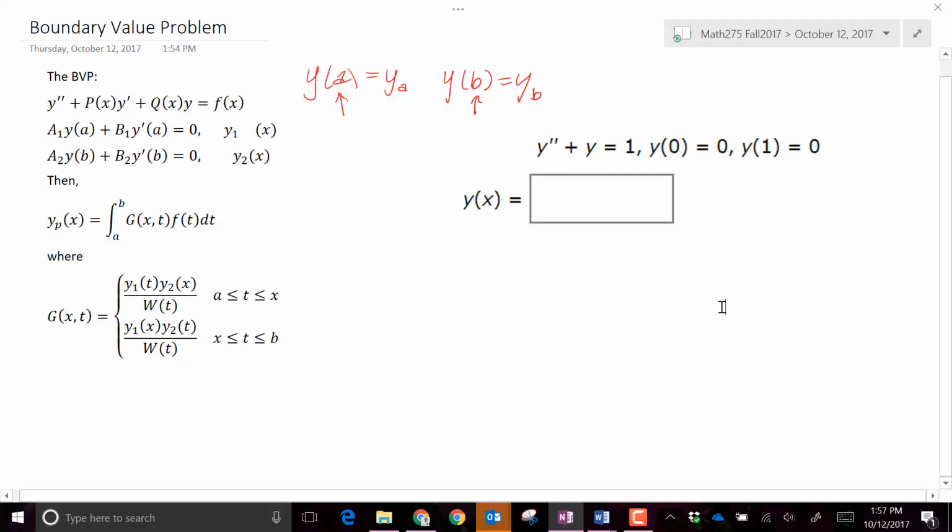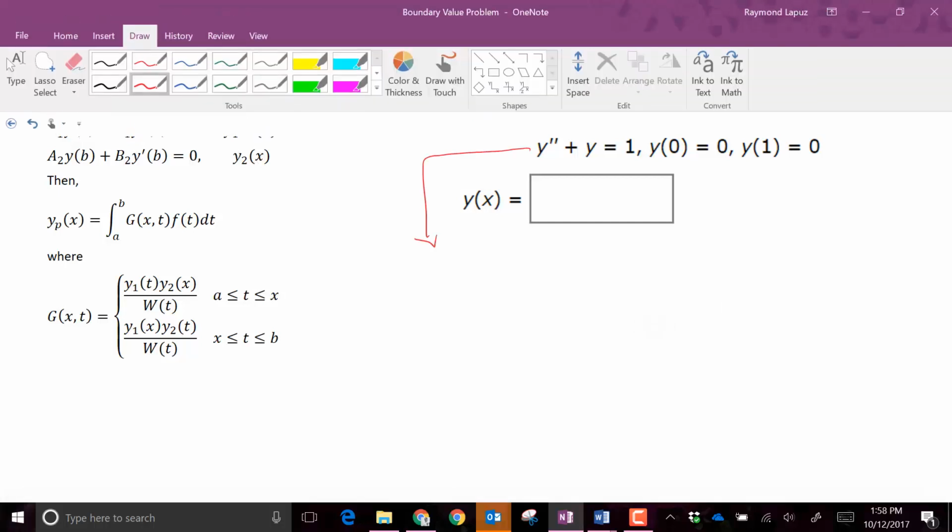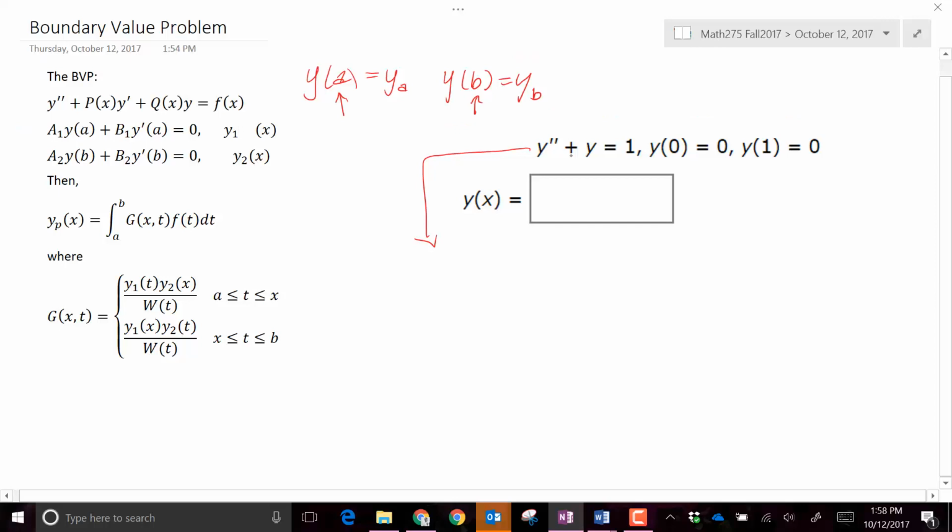So let's do things kind of quickly here. The homogeneous part: m squared plus 1 is equal to 0. So m is equal to plus or minus i. So it's going to be sine and cosine. So y1 will be sine x or cosine x. It doesn't matter, but I think we're used to doing cosine first.